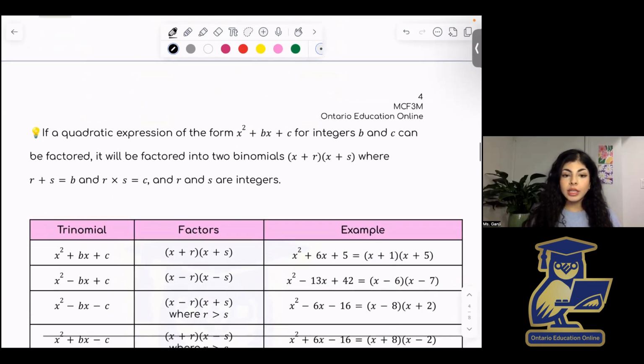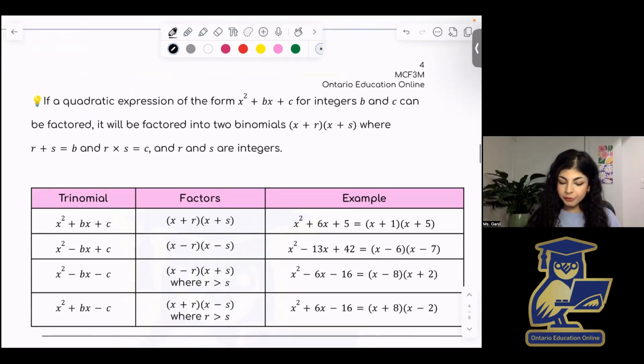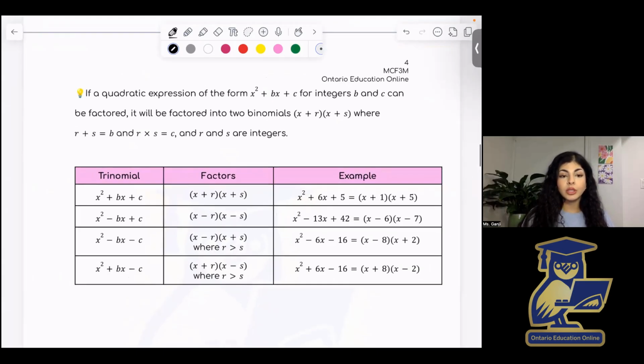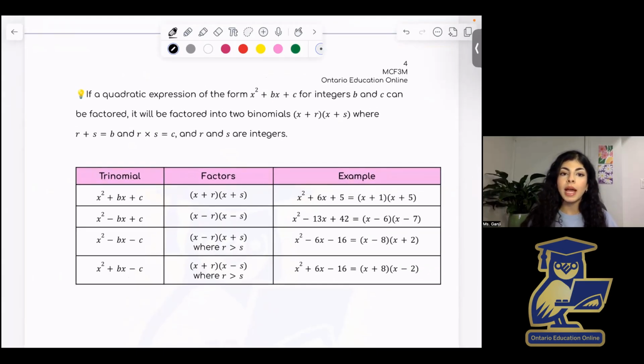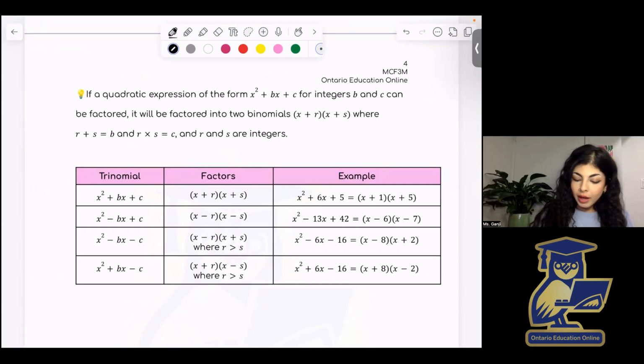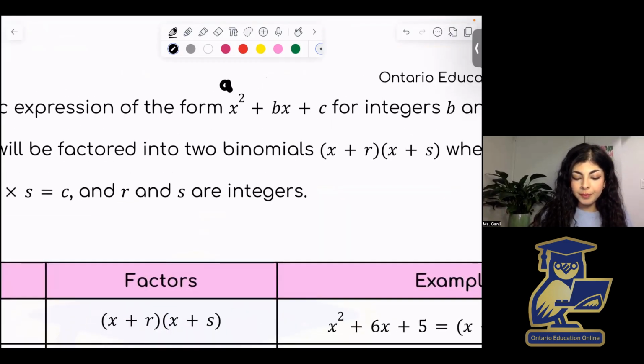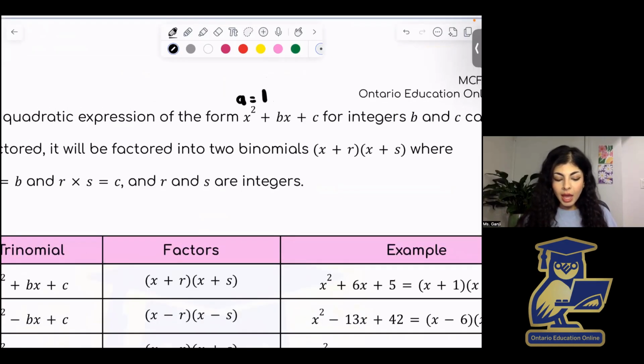So this is just a key idea of our lesson from today. So if you have quadratic expressions of the form x squared plus bx plus c, so a would be the coefficient of x squared, and that is 1 in these examples.